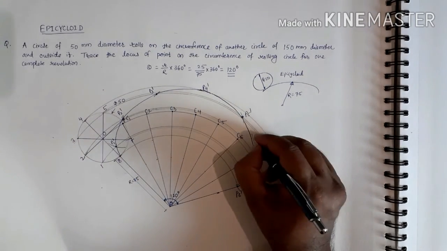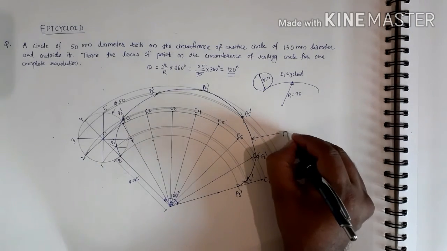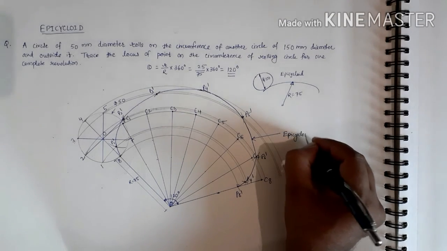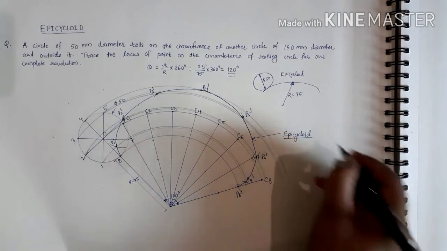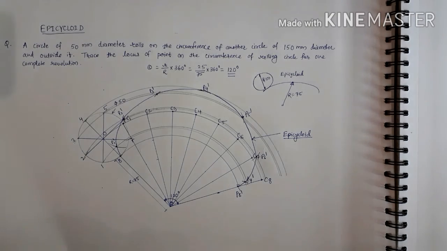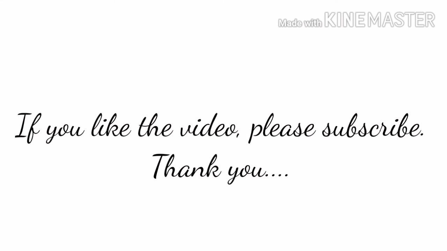So this is an epicycloid. We got a shape like a parachute for the epicycloid. So this curve is called an epicycloid. Thank you.